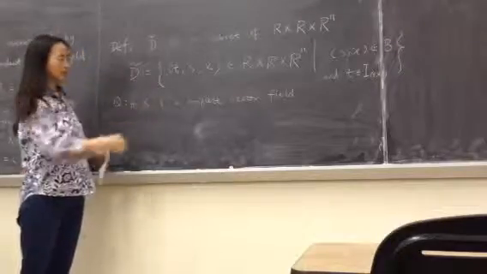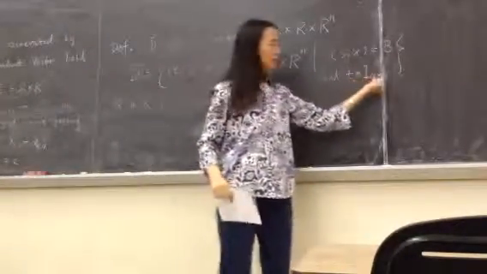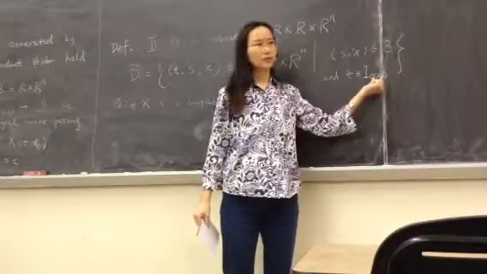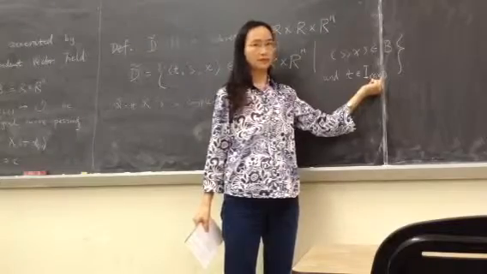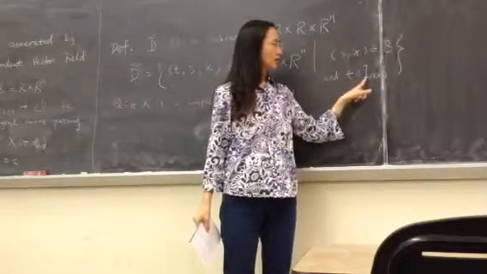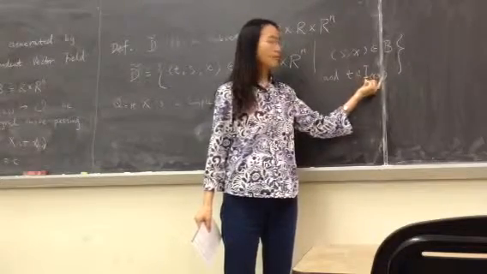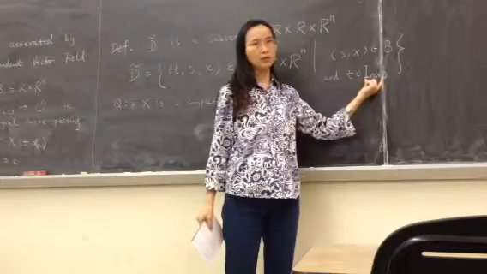Because if X is a complete vector field, that means for any point from the domain of the vector field that you pick, the solution will have a maximum interval of existence being the entire real number line.